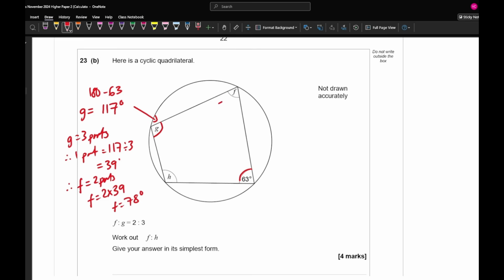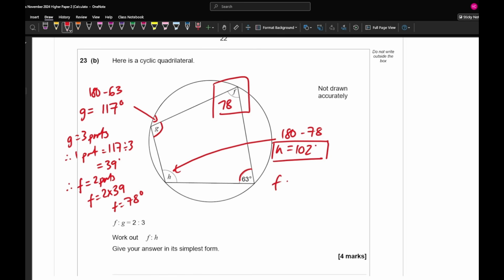So this angle here is 78. Then to work out H, I just need to do 180 take away 78, which gives me 102 degrees. So now that I've got what H is, and I've worked out what F is, the ratio of F to H is going to be 78 to 102. And if I simplify that ratio, I get an answer of 13 to 17.